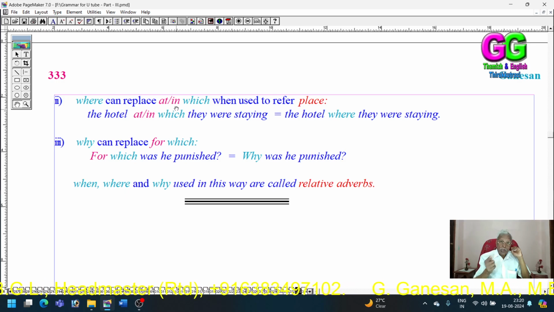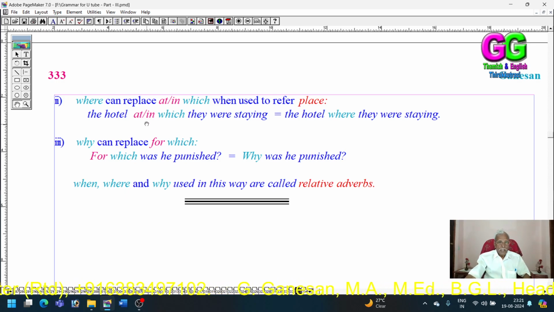When on which or in which is used to refer to time, it can be replaced by when. But when at which or in which is used to refer to place, it can be replaced by the relative adverb where.